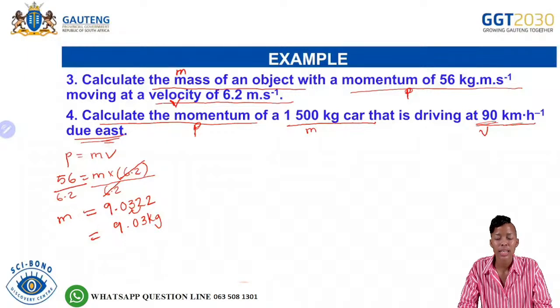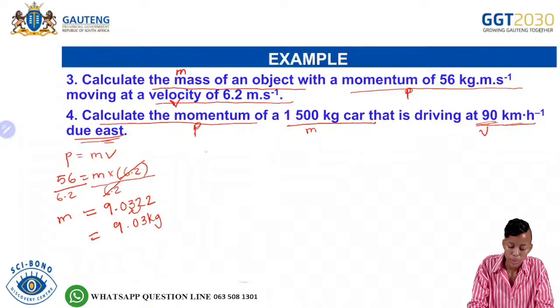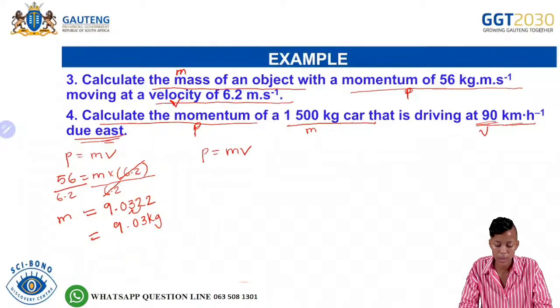Okay, so the next step is for you to look at your formula sheet and look for the formula of momentum. What is the formula of momentum? It's P is equals to mv. Okay, then what are we looking for? We are looking for the momentum. What is the symbol of momentum?